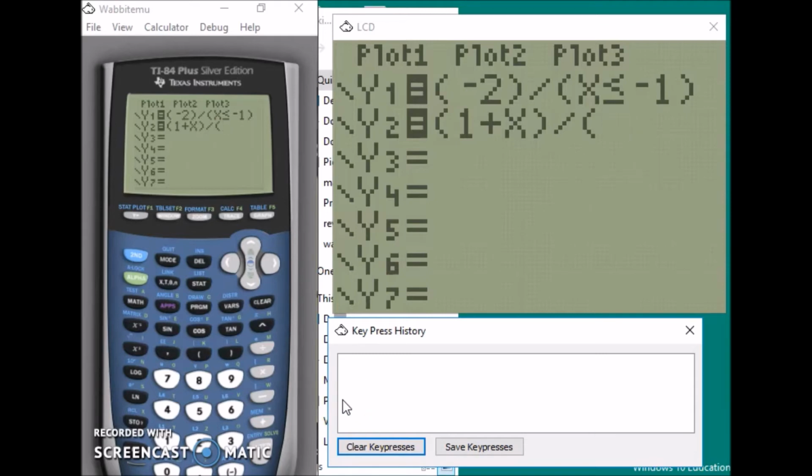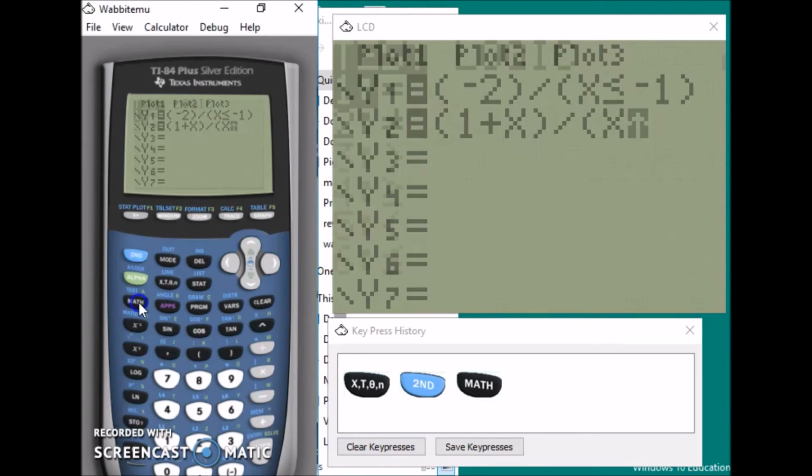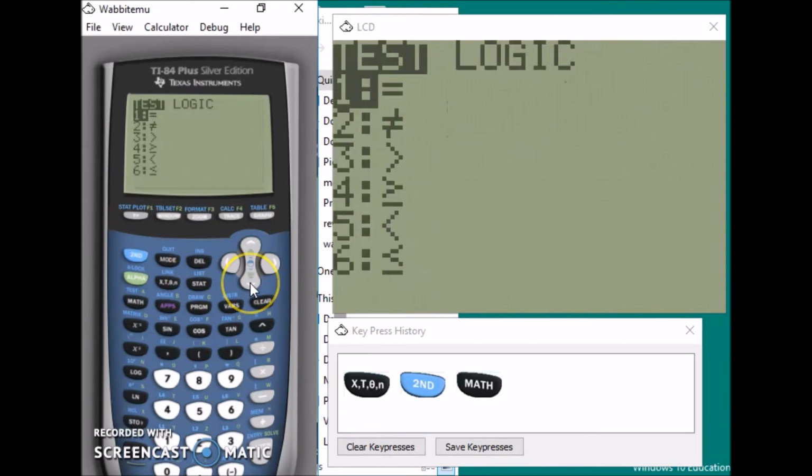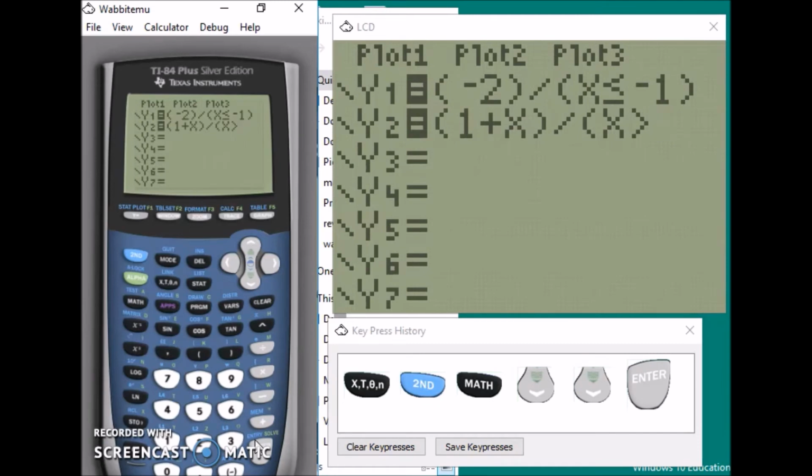So we're going to write x greater than -1 and x is less than 2. So let's write that. X, I'm going to get my inequality sign, second math, greater than, which is number 3, -1.